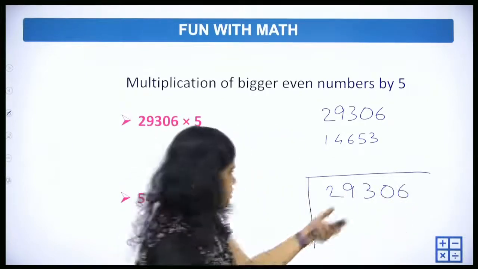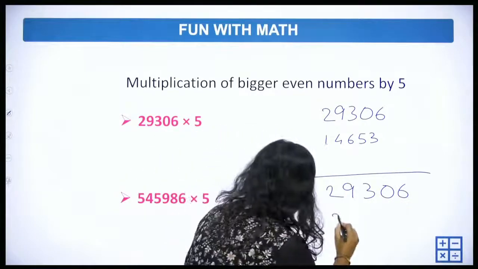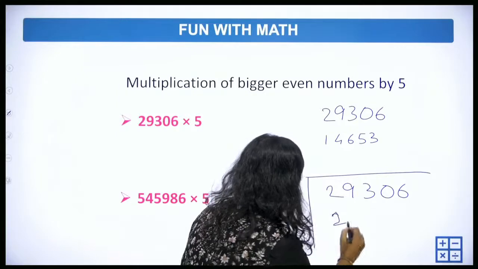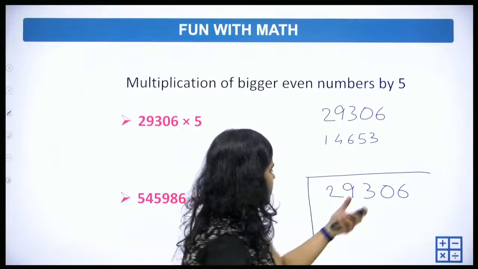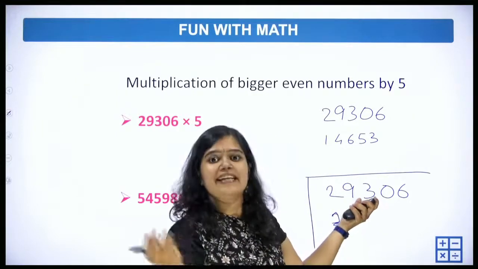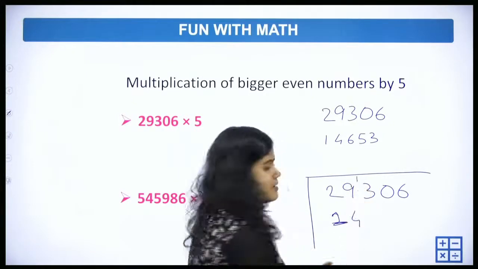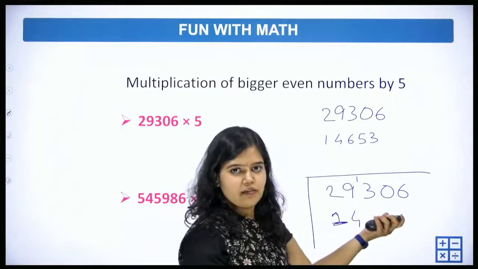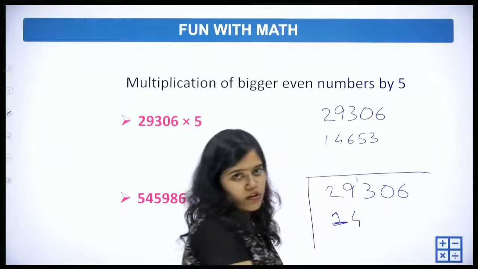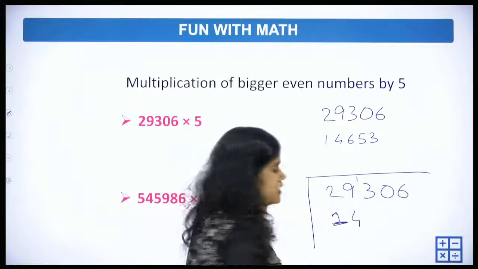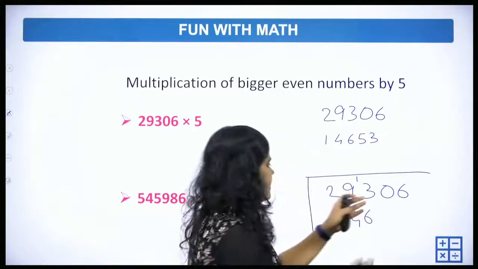29306. 2 divided by 2 is 1. Clear. Now 9, I cannot divide 9, I can divide 8. So 8 by 2 is 4. So 1 comes here. 13, right? 13 is not possible, but I can divide 12. So 6. And again 1 is gone.